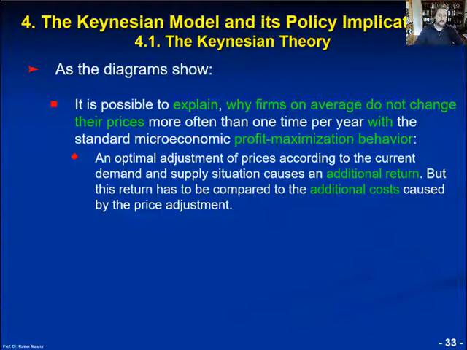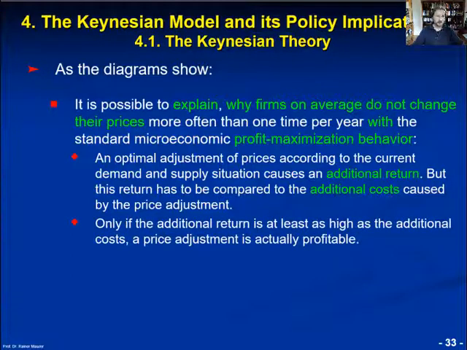An optimal adjustment of prices according to the current demand and supply situation causes an additional return, but this return has to be compared to the additional costs caused by such a price adjustment. Only if the additional return is at least as high as the additional costs, a price adjustment is actually profitable.